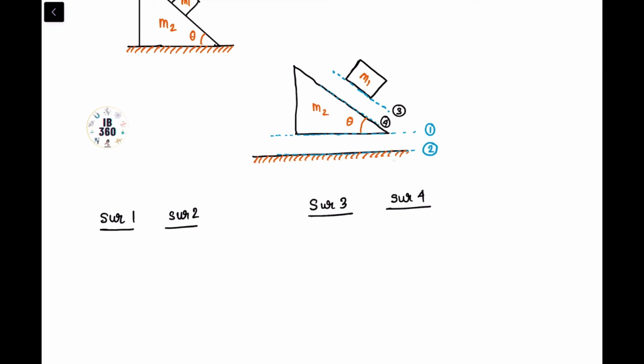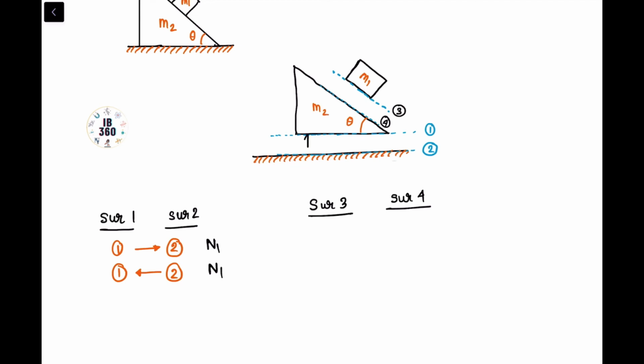For surface 1 and surface 2, surface 1 will exert a force towards surface 2, and the value of that force will be N1. Why are they exerting forces? Because they are in contact with each other. Similarly, by Newton's third law of motion, surface 2 will exert the same force in the opposite direction on surface 1, so that force will also be N1.